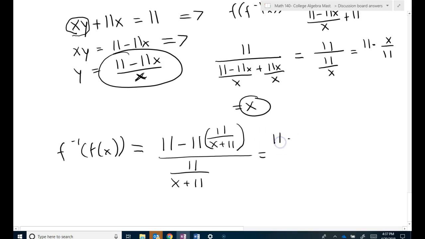So that's going to be 11 minus 121 over x plus 11, all over 11 over x plus 11.